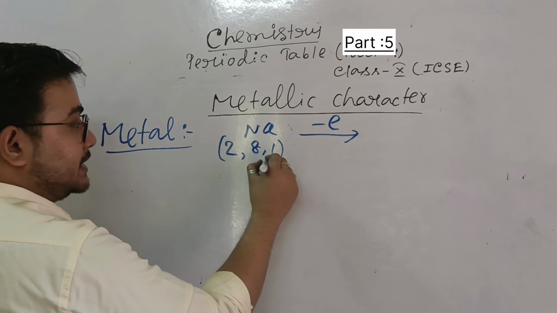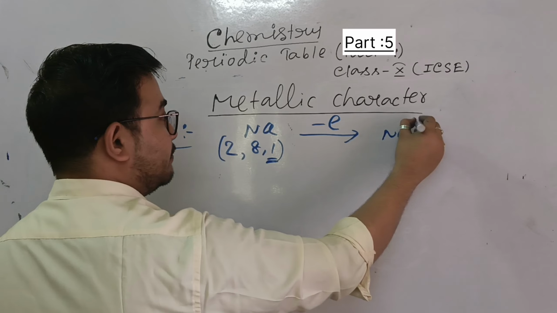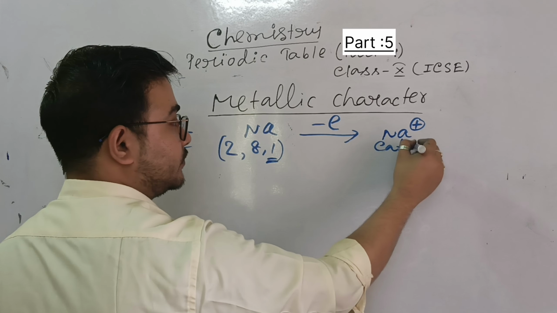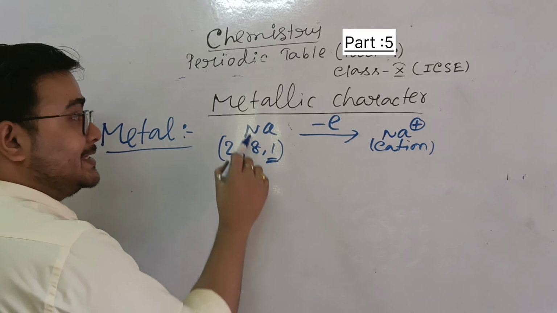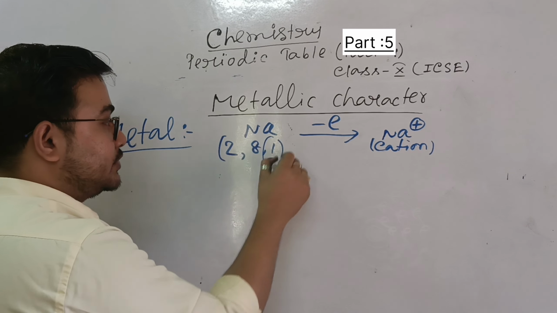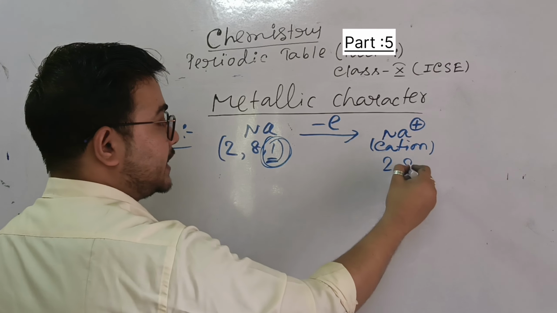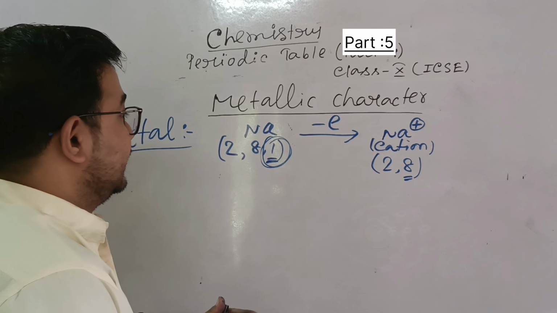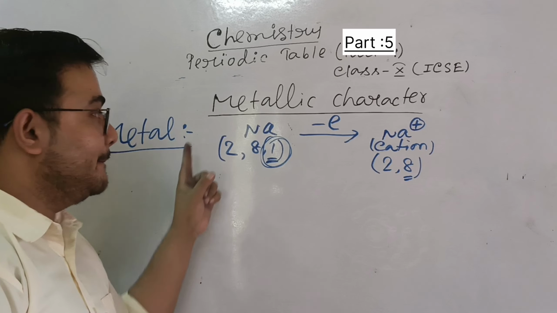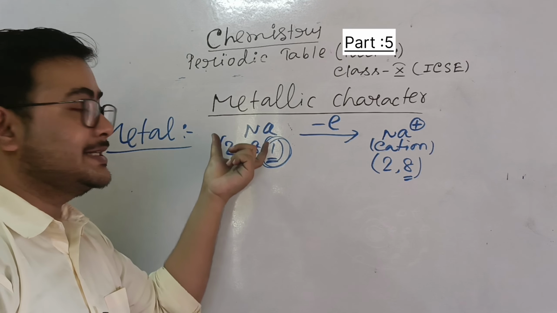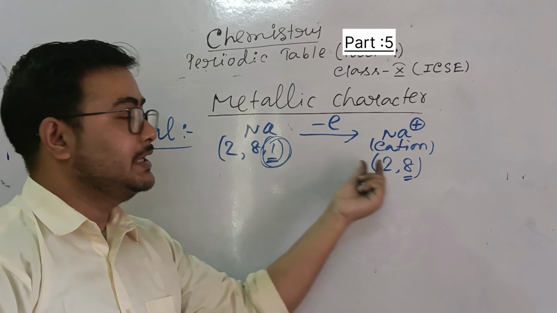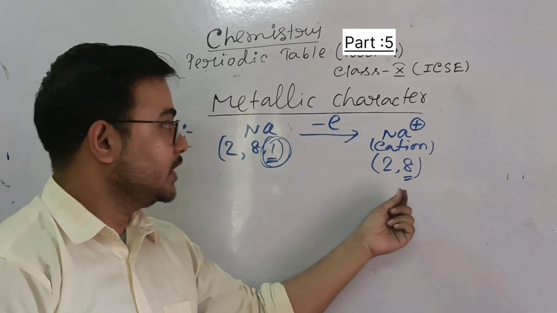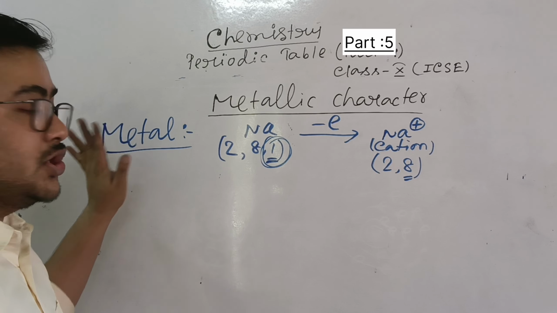Since sodium donates this last electron, sodium plus, loss of electron means positive charge, that is cation, already discussed. Since sodium loses this last electron, it has a complete octet. So what is metal? Metal is an atom which has a tendency to lose an electron to get stability. So this is the concept of metal.